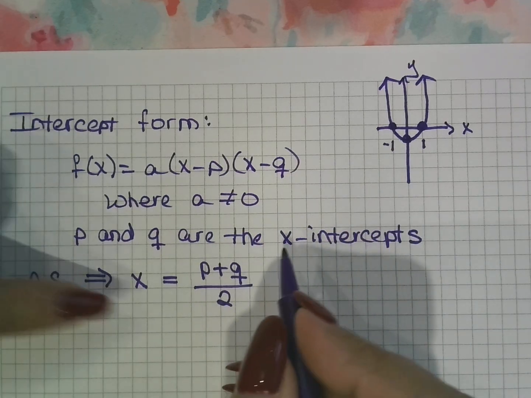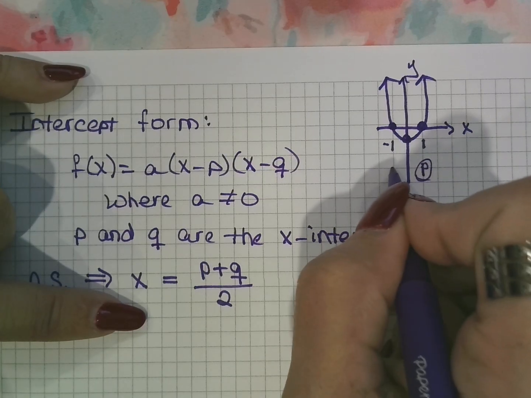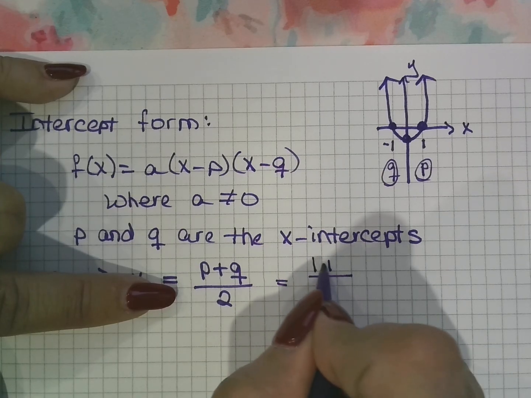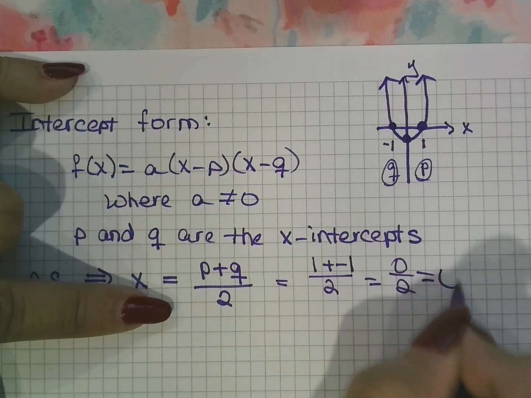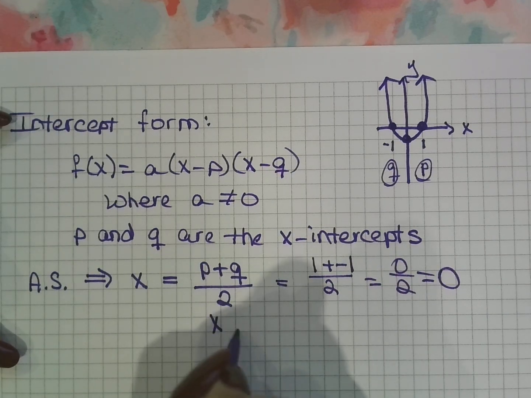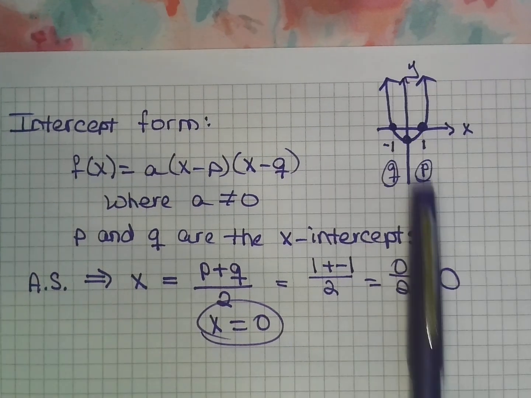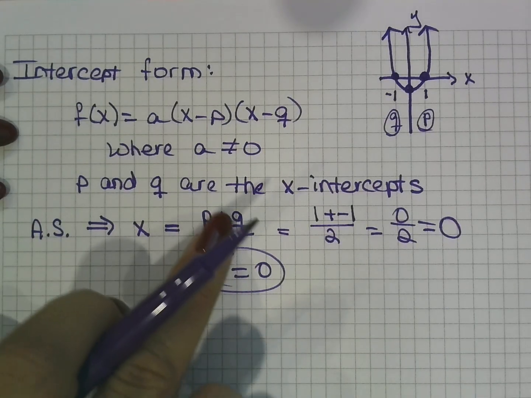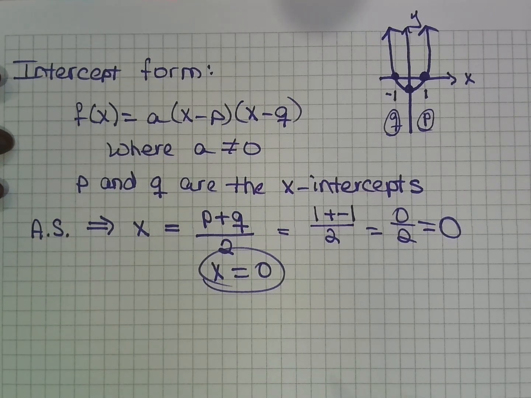You could call whichever one P, whichever one Q, it doesn't matter. So P plus Q would be 1 plus negative 1 divided by 2. Well, that's 0 over 2, which is 0. That means my axis of symmetry here is 0, which in fact it is. It is the y-axis, also known as the line x equals 0. But I just want you to see why it's very easy. It's just the midpoint between the two x-intercepts.